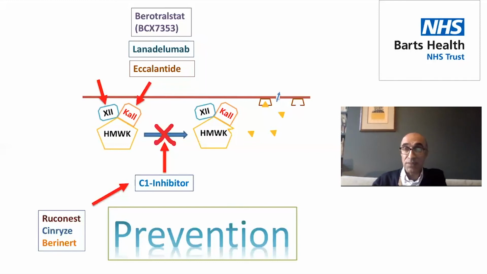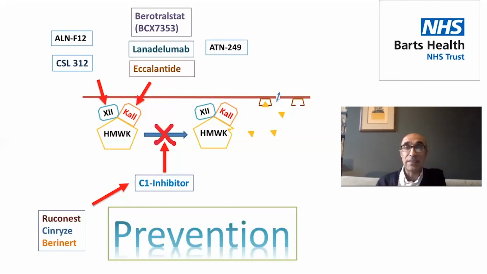There are also experimental drugs. One of them is called CSL312, which is another monoclonal antibody injection, against factor 12 rather than kallikrein. We are in the process of bringing it for a clinical trial to Barts and the UK. Then there's another factor 12 inhibitor, ALN-F12, which actually reduces production of factor 12 rather than blocking the groove.